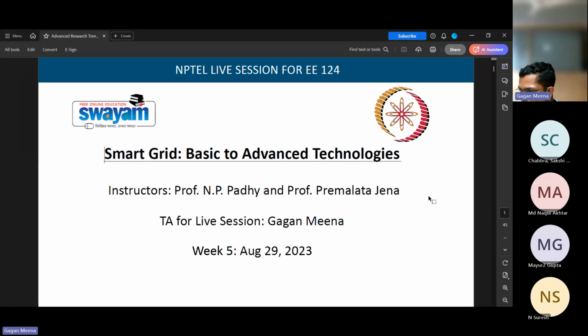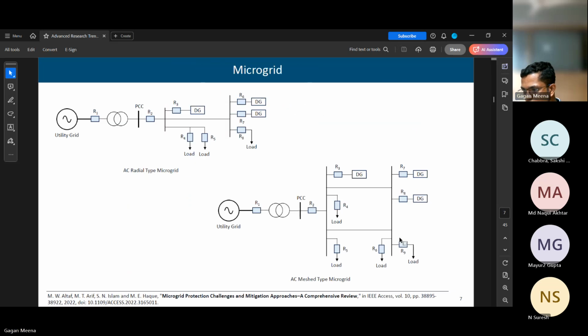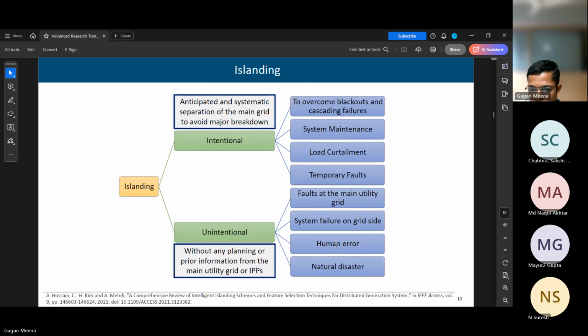Now I'm using the PDF version only. I think it's better now, right? Slides are changing. Okay, is it visible now?